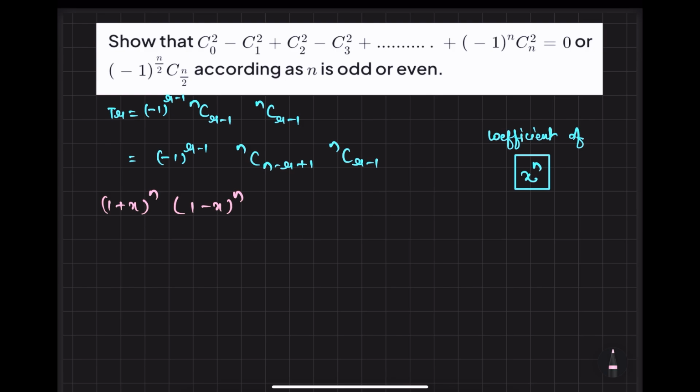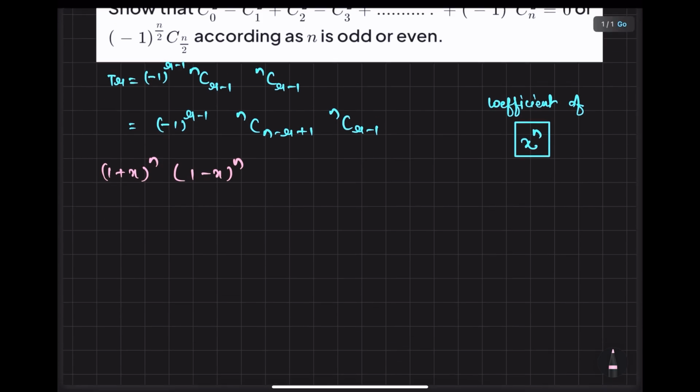Because in one case you need positive 1, in the second case you need negative. So if you multiply these, you will have an expansion as positive, negative, positive, negative. Now if you observe, the power is the same, so the bases can be multiplied. So (1 minus x square) power n, correct?